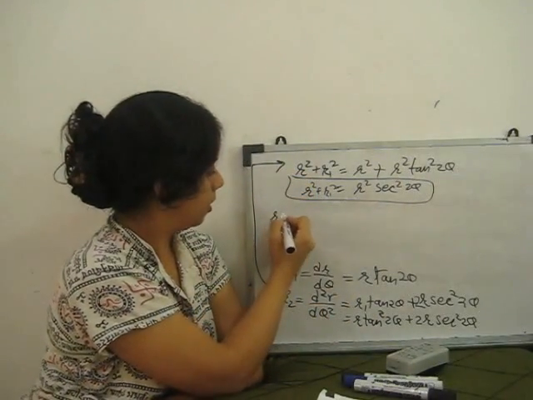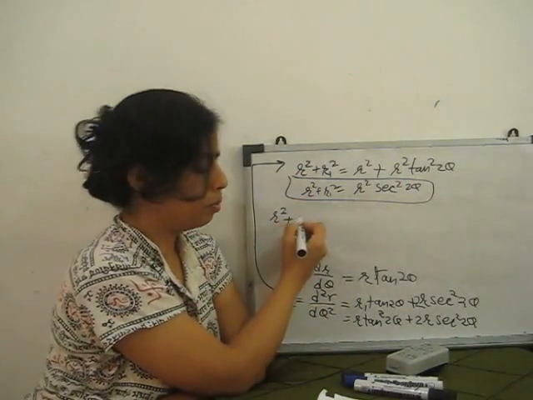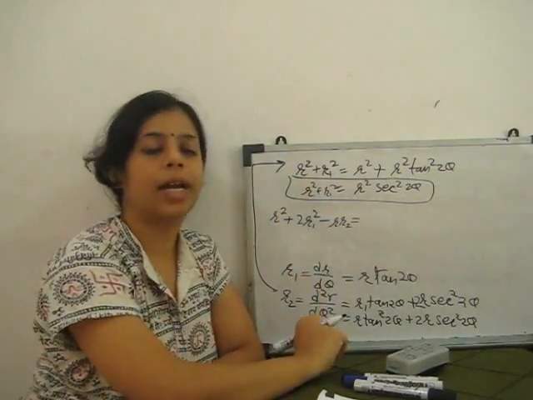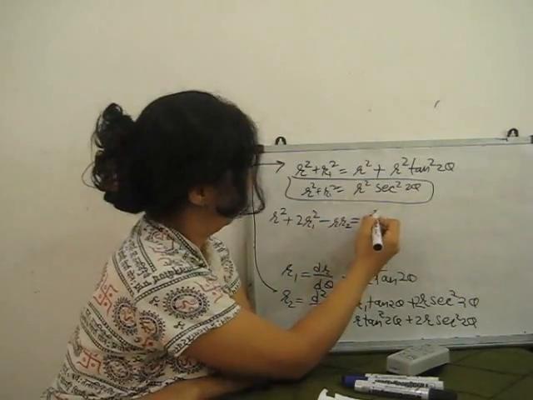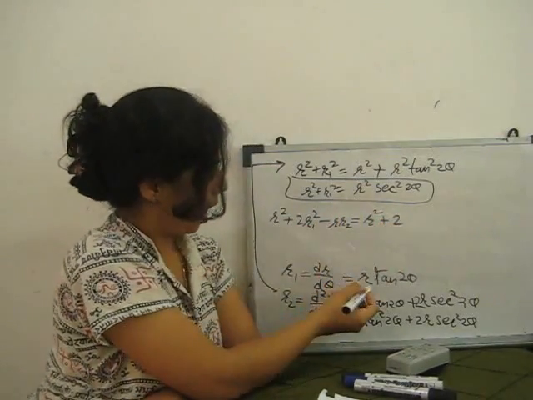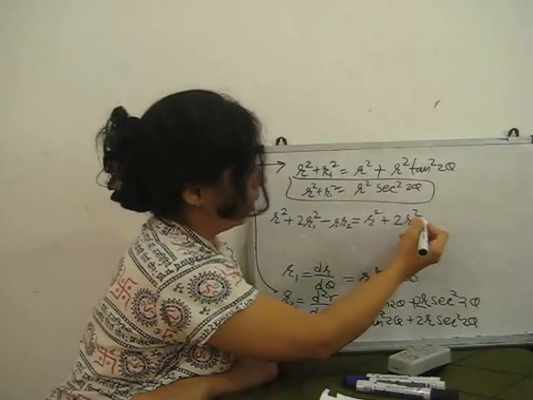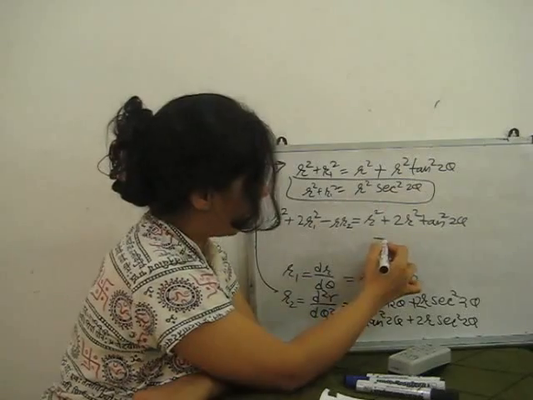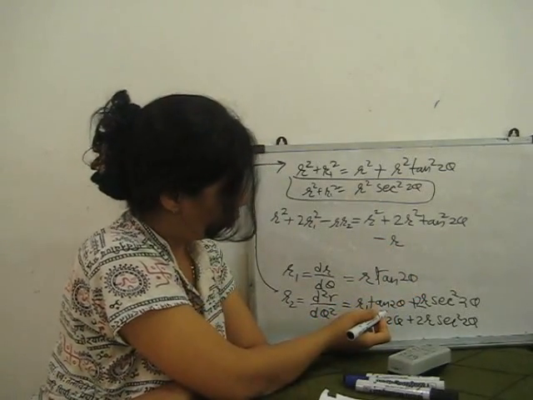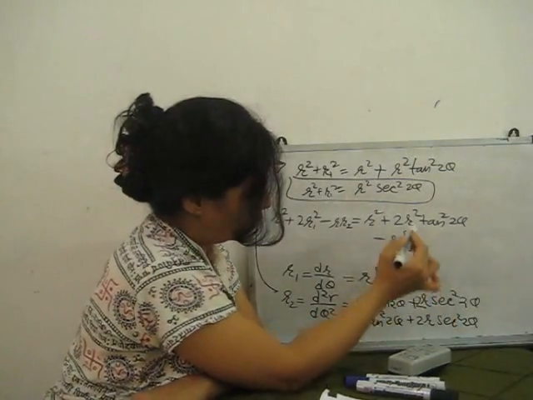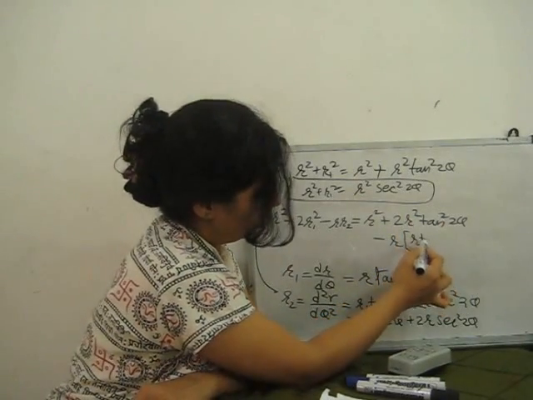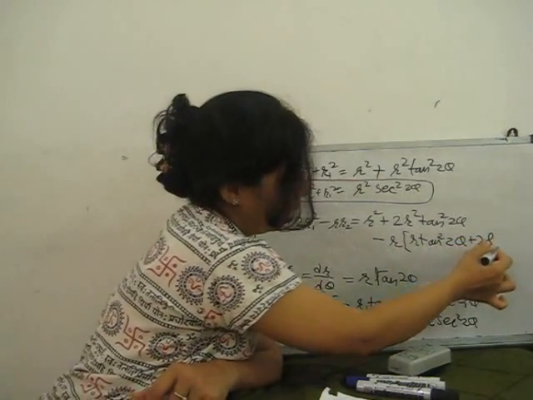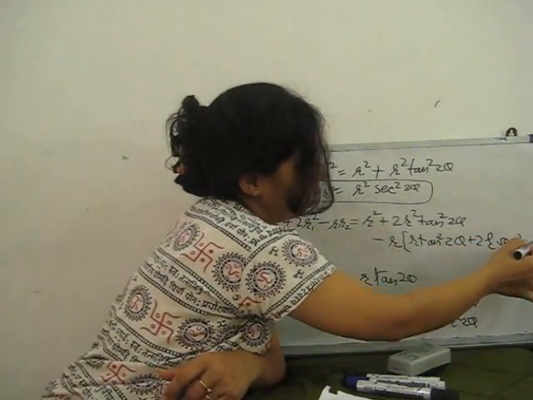Next, the second term we have to find for the radius of curvature is r square plus 2 r1 square minus r2. So r square plus 2 r1 square, where r1 square is r square tan square of 2 theta, minus r2. R2 is this: r tan square 2 theta plus 2r sec square of 2 theta.